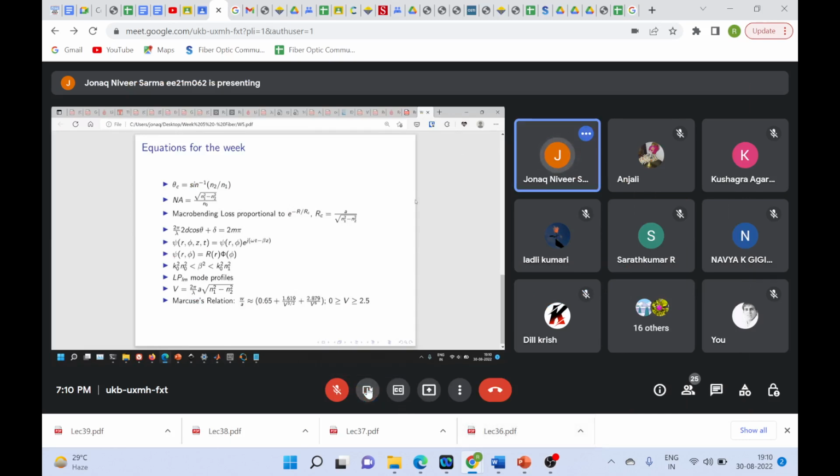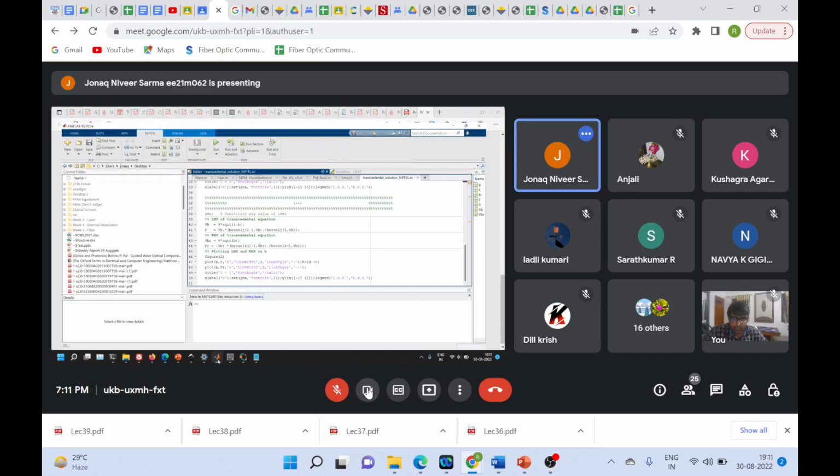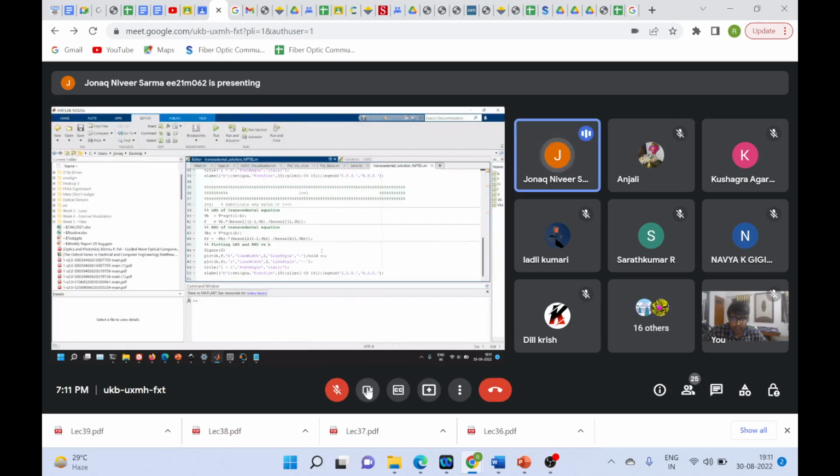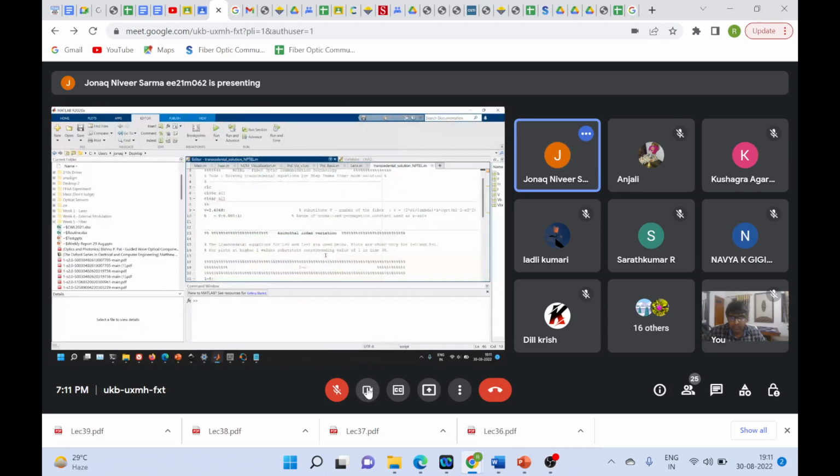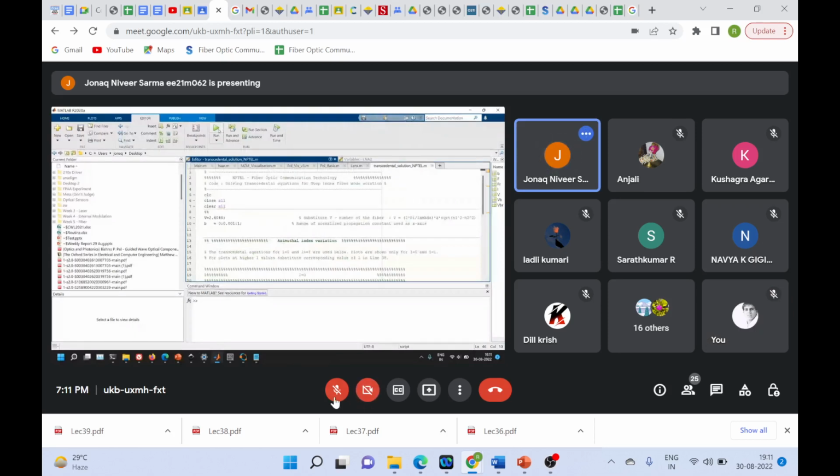And this week's quiz is based on one MATLAB program. So I think 50% of the questions are from MATLAB. To run those, I hope you guys have been able to run MATLAB, at least MATLAB online. So this is the code shared in the Google Drive folder.